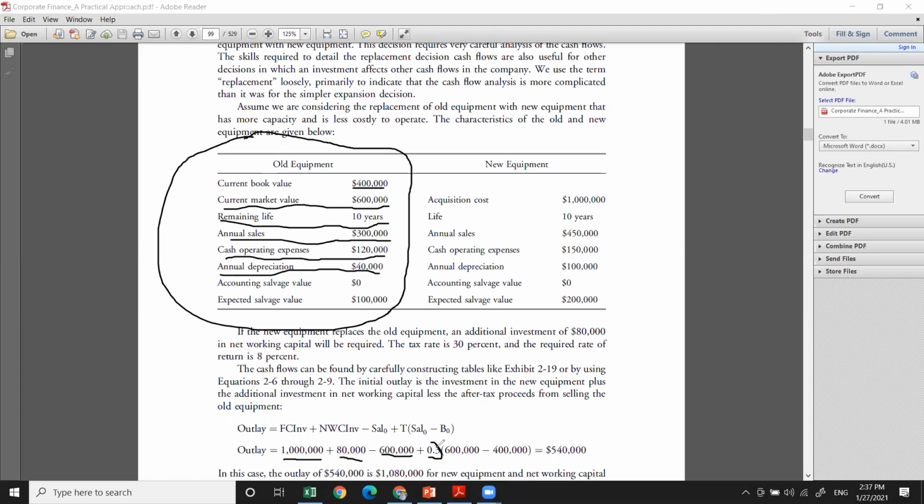The tax rate is 30%. The salvage value is greater than the book value, so there is a 200,000 difference. These 200,000 will be the gain on which we pay tax. In this way, we get $540,000 as a total cost.